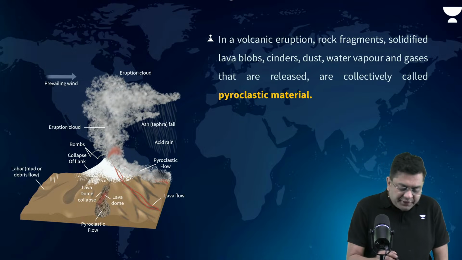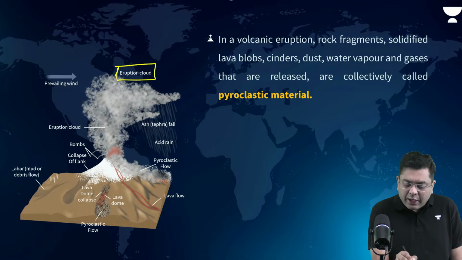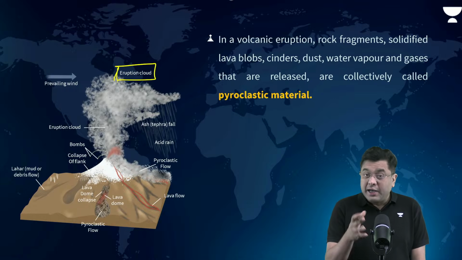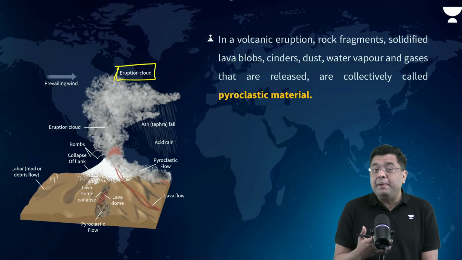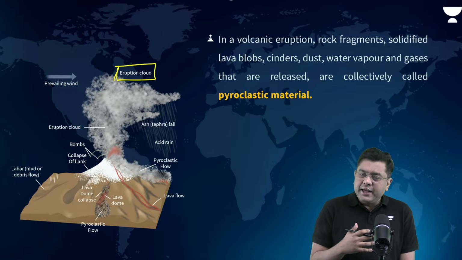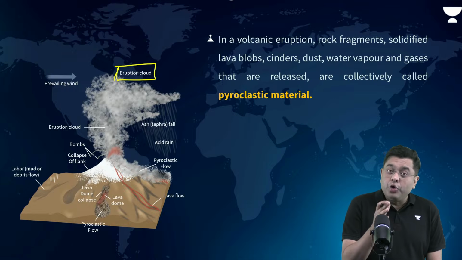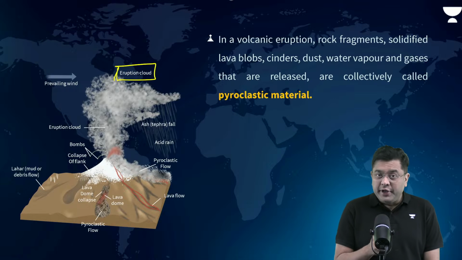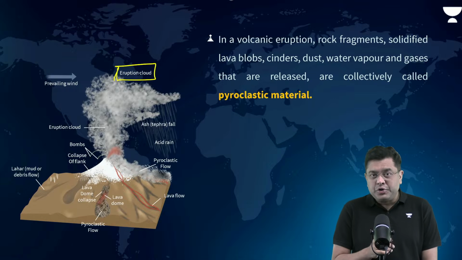So here you will observe that you have a large eruption cloud. I will show it to you with the help of an animation how big it can actually become. In certain volcanic eruptions, for example, when you had the volcanic eruption on the western coast of Indonesia, you have the famous Krakatau eruption.